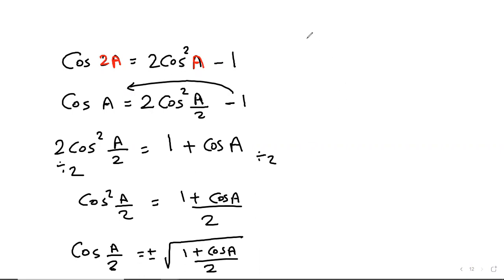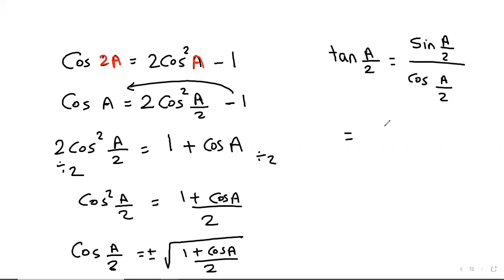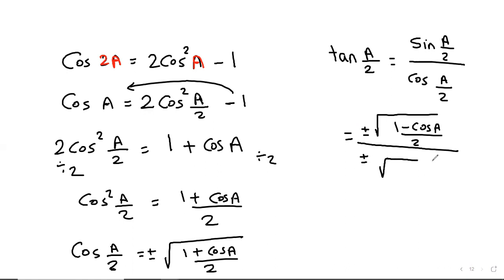And if I want to find tan A over 2, tan A over 2 is equal to sine A over 2 over cosine A over 2. And sine A over 2, as we proved, is positive or negative the square root of 1 minus cosine A over 2, all divided by positive or negative the square root of 1 plus cosine A over 2.